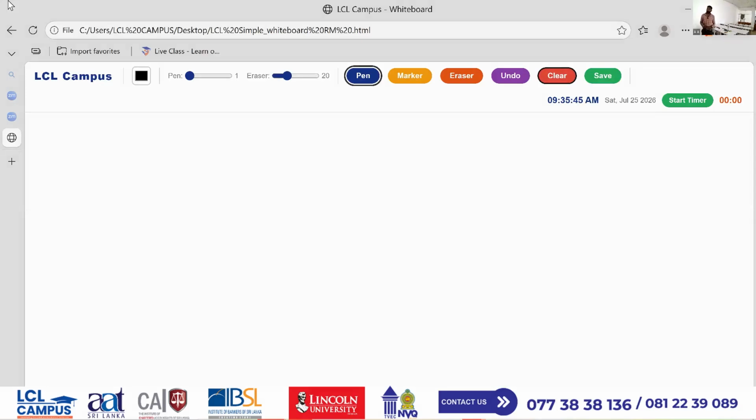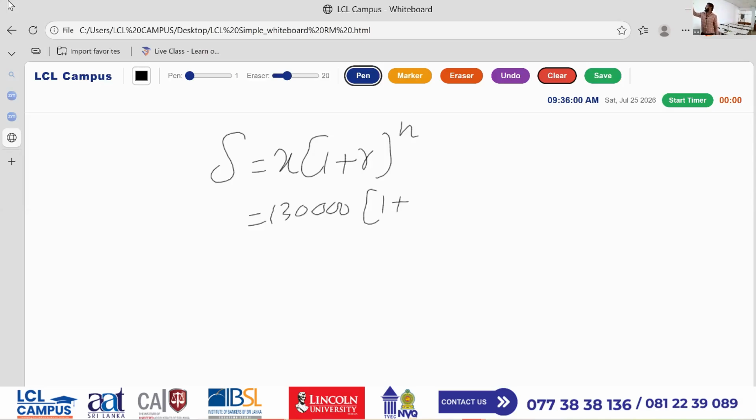Now the formula is S equals X times (1 plus r) to the power n. 130,000 times 1 plus 0.06 to the power 3. Tell what is the answer.